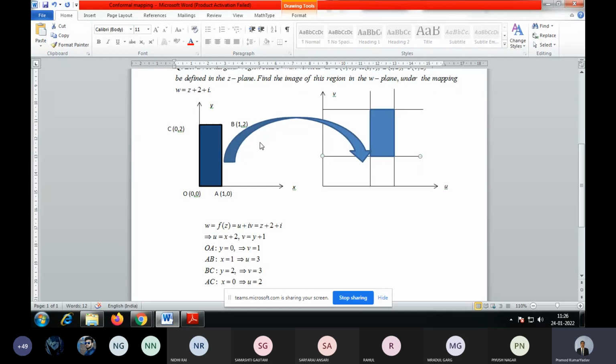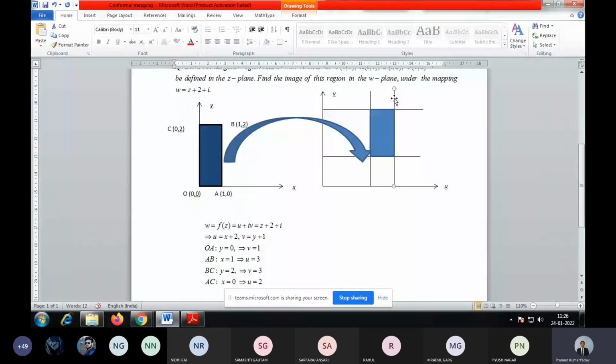Then AB, it means x equal to 3, is transformed like this one. Then BC was transformed here. So OA was transformed here, BC was transformed here, and AB was transformed here. This line.